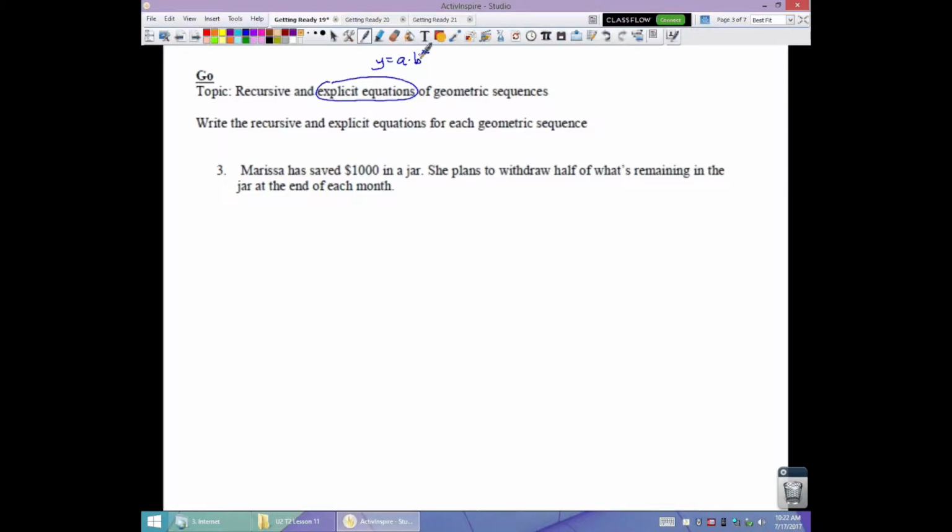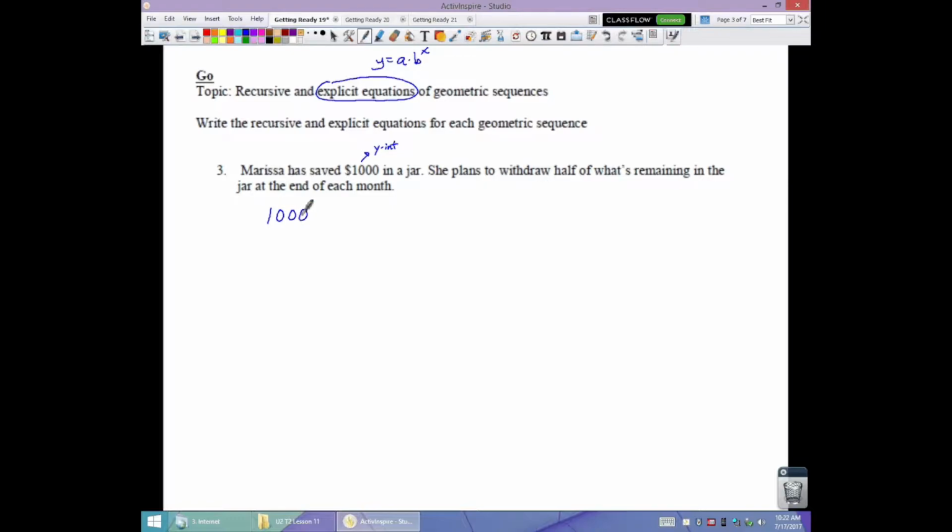Marissa has saved $1,000. So I would say that's my y-intercept, my 0th term, what I start out with. She plans to withdraw half of what's remaining in the jar at the end of each month. Now, withdraw kind of sounds like subtraction, but if we're taking out half, then we're still left with half also. So think of it more as, what does she have left?